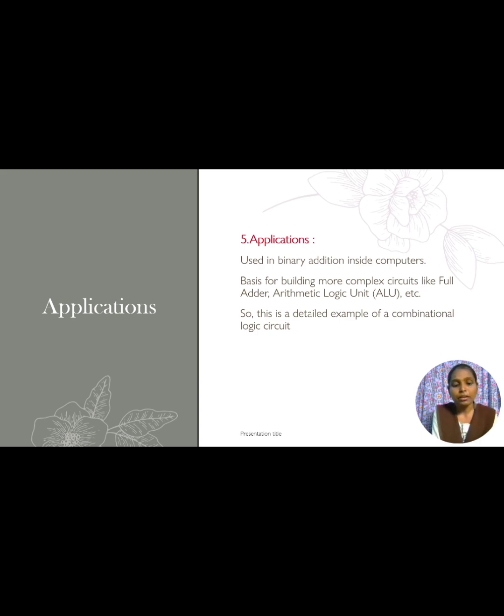Building blocks for ALUs, arithmetic logic units. Arithmetic operations mean adders, subtractors, multipliers in CPUs. It is basically the backbone of calculators, computers, digital watches, and even traffic light controllers.